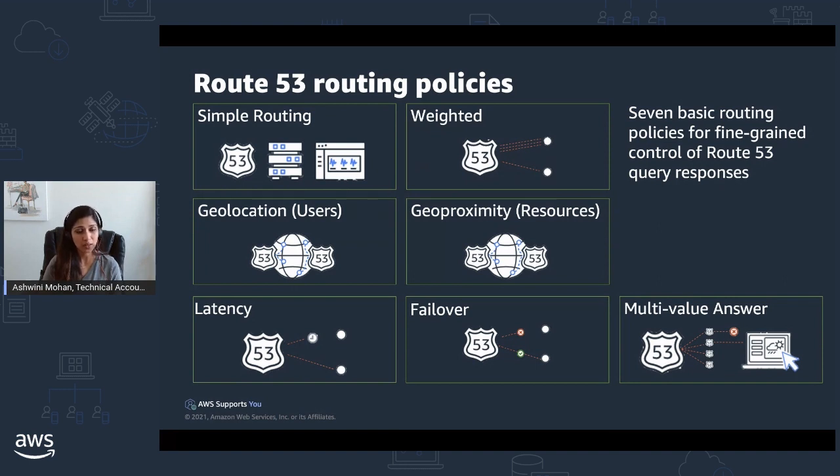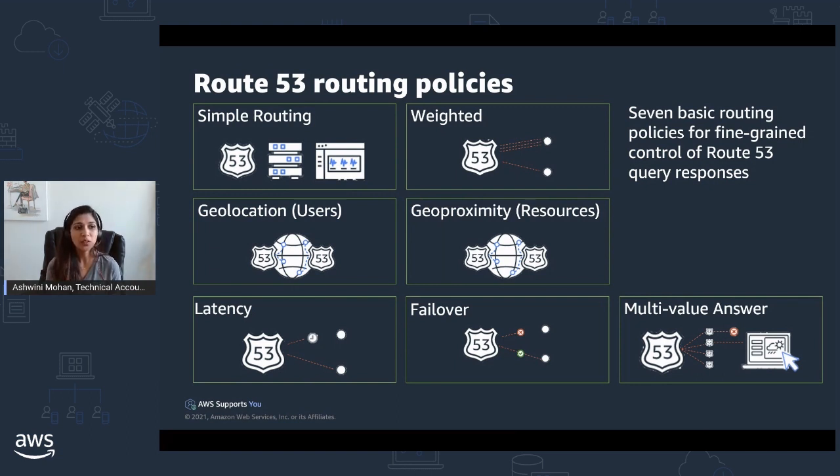And the next one is the latency routing policy. When Route 53 receives a DNS query for your domain or a subdomain, it determines which AWS regions you have created latency records for, determines which region gives the user the lowest latency, and then selects the latency record for that region. So what is the use case here?